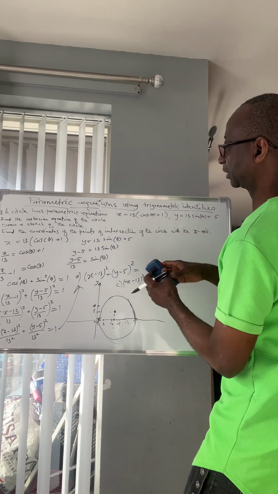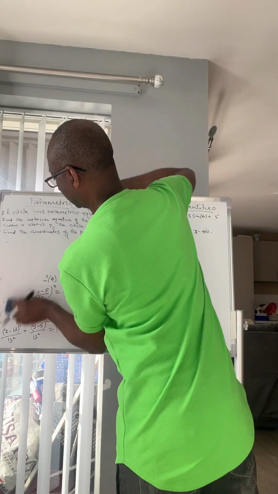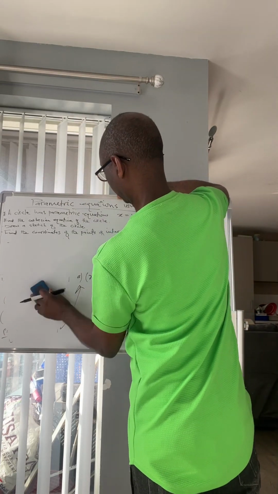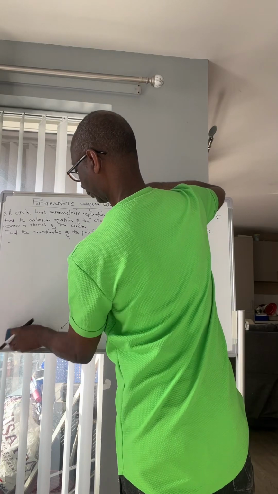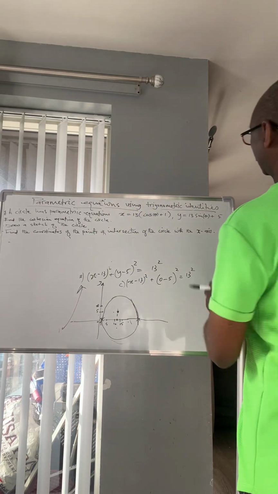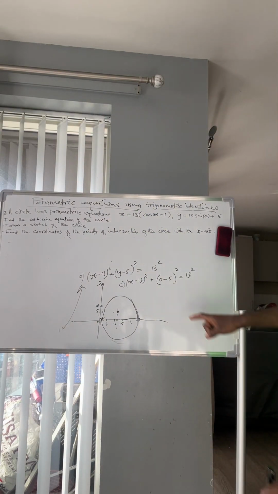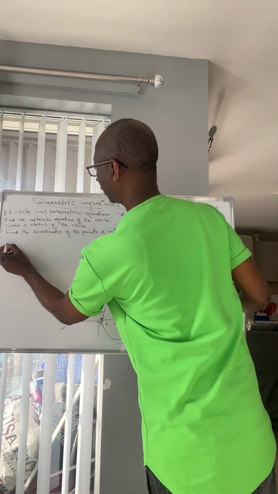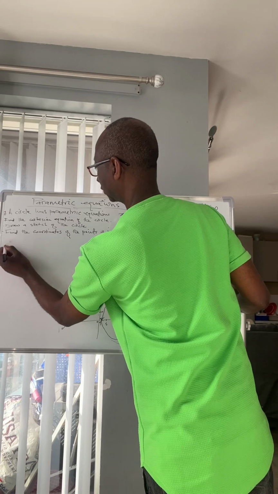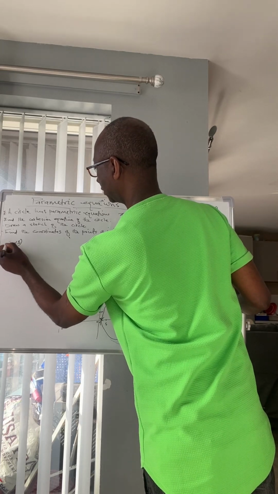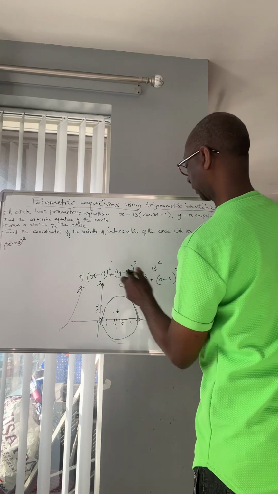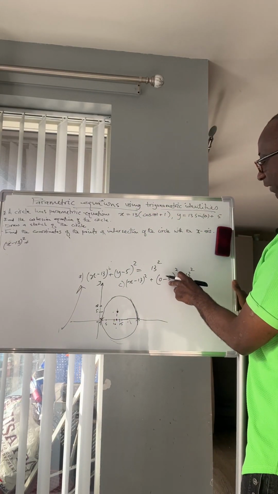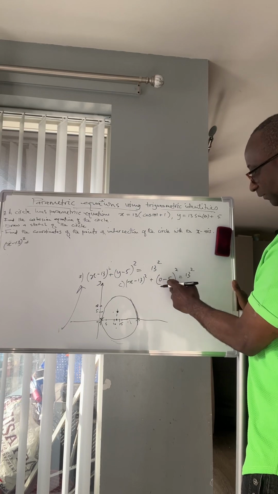I may use this space here, excuse me. So we have x minus 13 all squared plus, if you square minus 5, you will get 25.